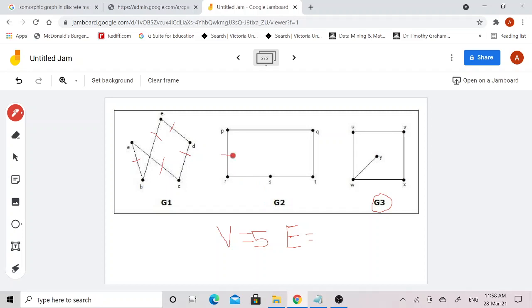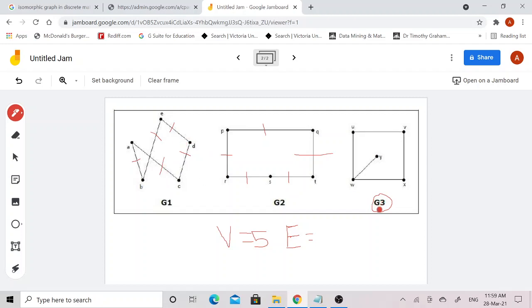This is the edge 1, edge 2, edge 3. This is the edge number 4 and this is the fifth one. Again, total number of 5 edges are present in the graph G2, which are also similarly present in the graph G1.